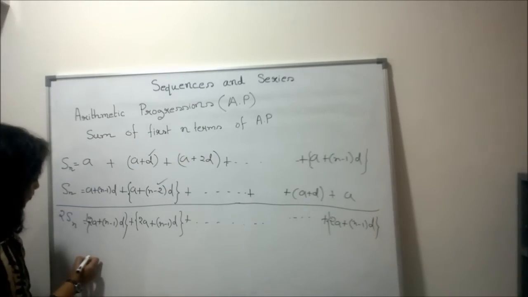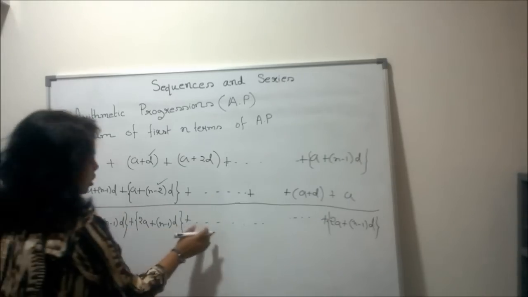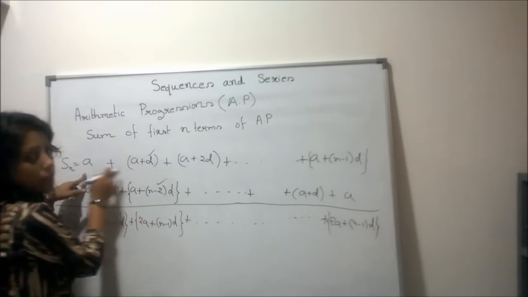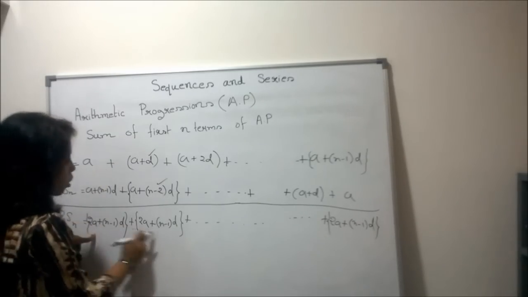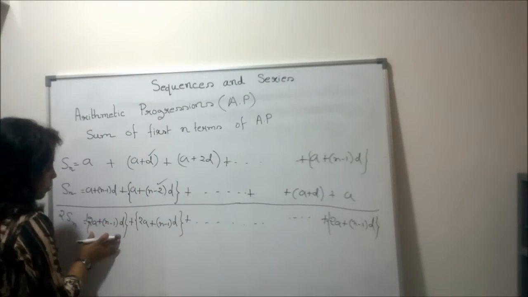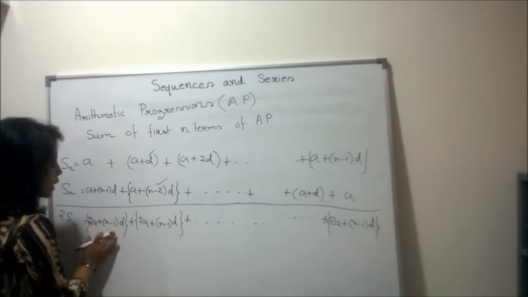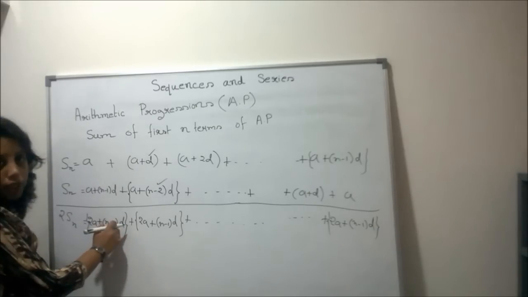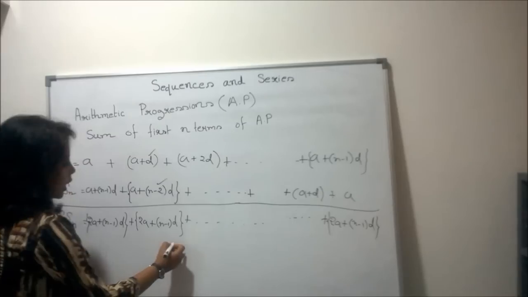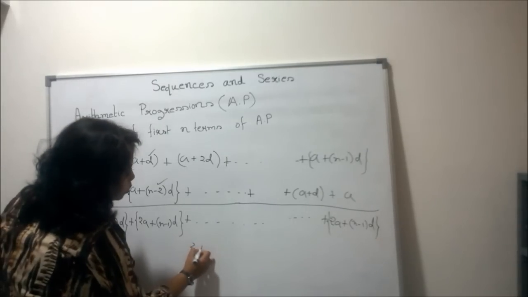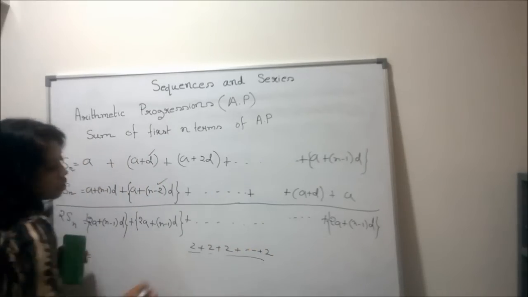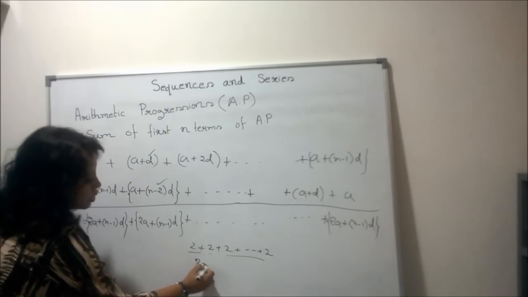So how many terms are there? We are adding how many terms? N terms. So here also n terms. So we are adding, we get n terms of 2a plus n minus 1 d. If we get n terms of 2, that means 2 plus 2 plus 2, in this way n terms, what will be our result? 2n.